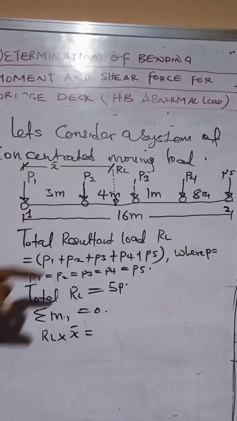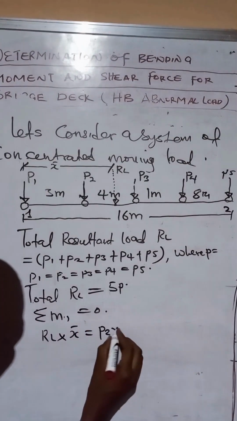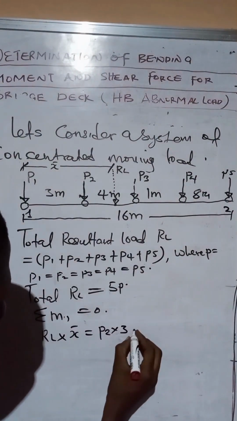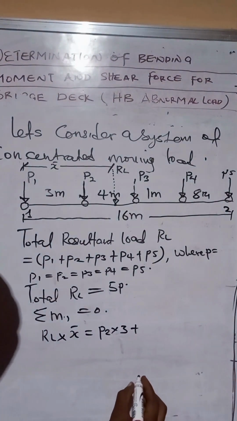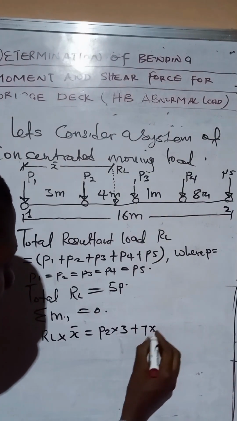It becomes P2 times 3. All right, it becomes P3 times 7, or 7 times P3.